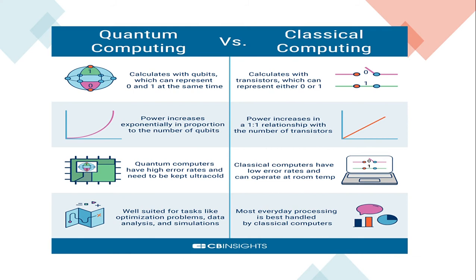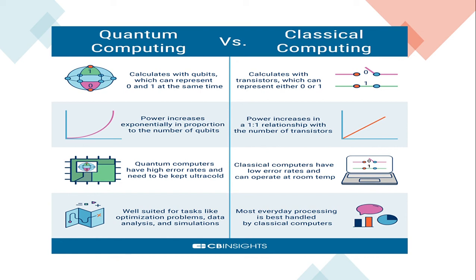So let's see the difference between classical computing and quantum computing. In classical computing, we have seen that it calculates with transistors which can be 0 or 1. In quantum computing, it calculates with qubits which can represent 0 and 1 at the same time. In classical computing, power increases in a 1:1 relationship with the number of transistors.